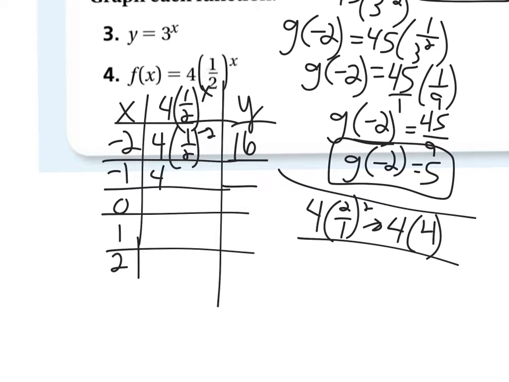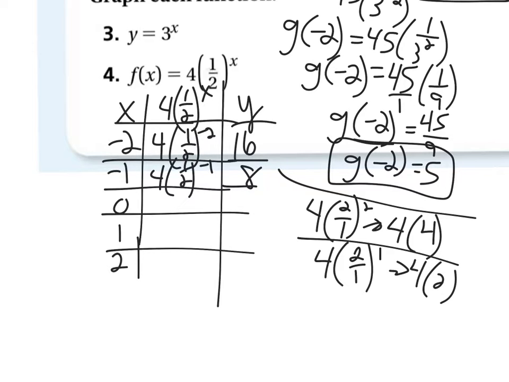Negative 1, that'd be like 4 times 2 over 1 to the first power. So 4 times 2 basically, which is 8. And there'll always be a pattern with these exponential ones. If we just keep going up by 1s on our x's every time, there should be a pattern with your y's.